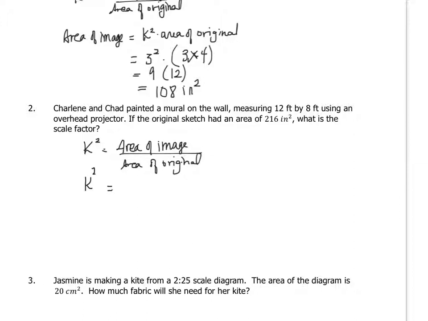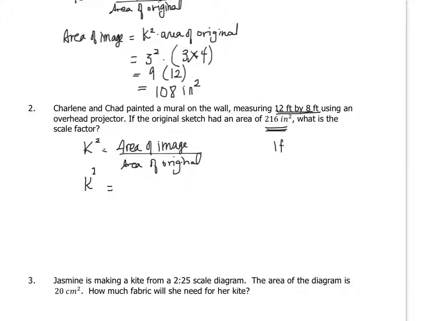And for the area of the image, in this case we've got two different units, inches and feet, so you might want to change them both to the same unit.